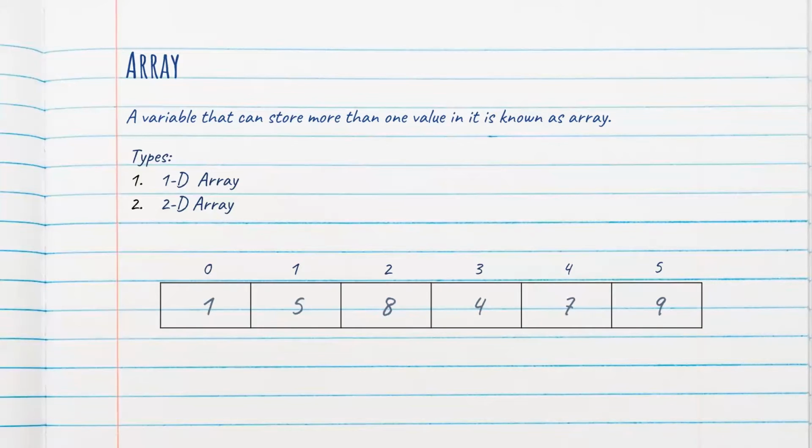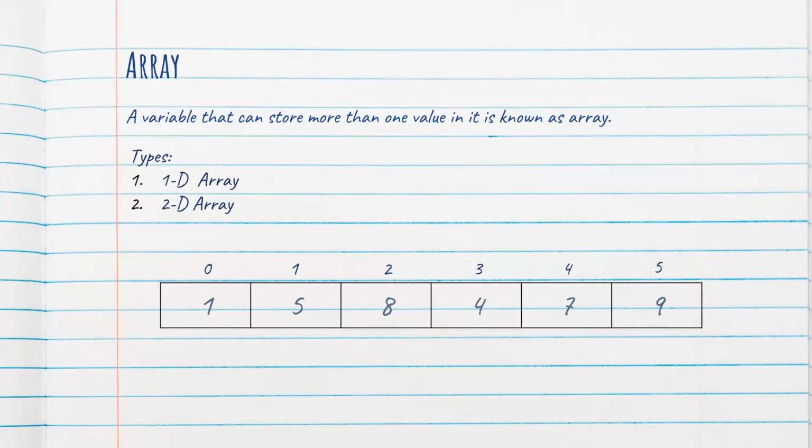Now you can see one thing here: all the data present in this array is of integer data type. And on top of this table, you can see numbers starting from 0 to 5. These numbers are just to specify the positions of the elements of this array.